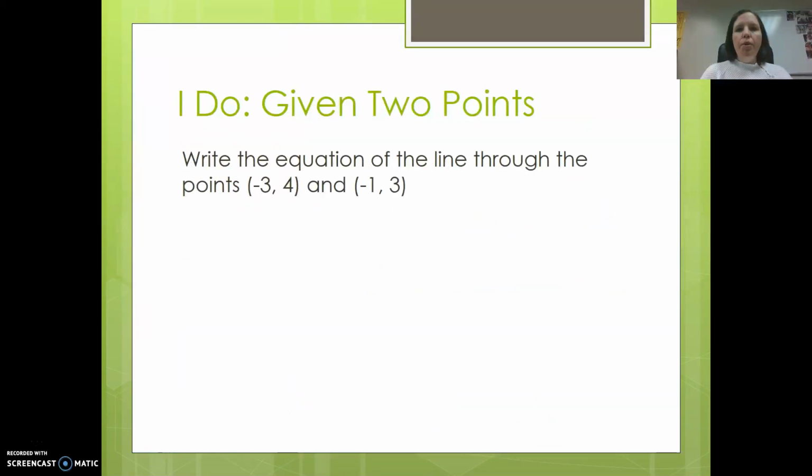Now, what happens when, instead of being given the direct information that I need, I don't have the slope, and I don't have the y-intercept? The answer is you need to find those values. So if you're given 2 points, those 2 points could be from a graph, or they could be just given to you, and you're going to need to find the equation through them. There are two methods.